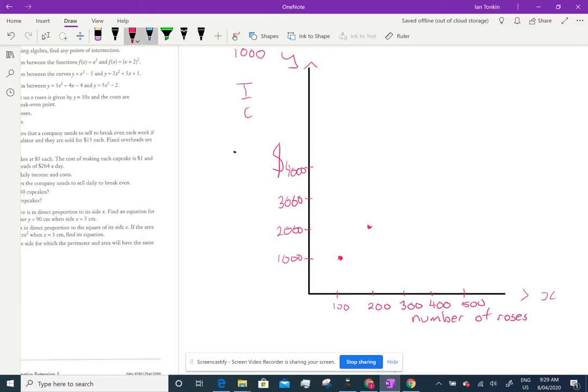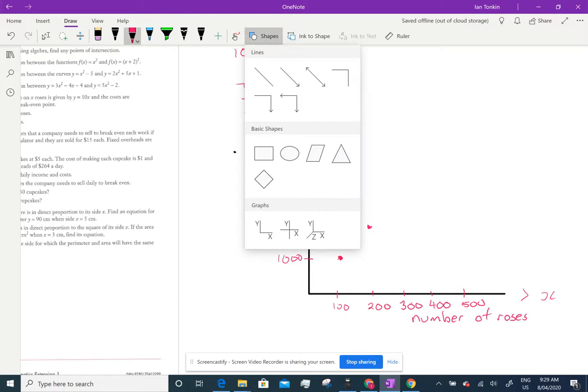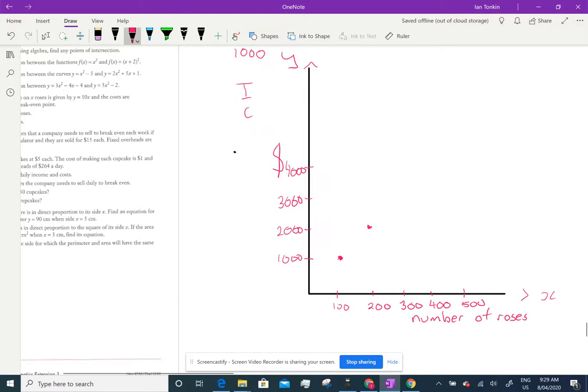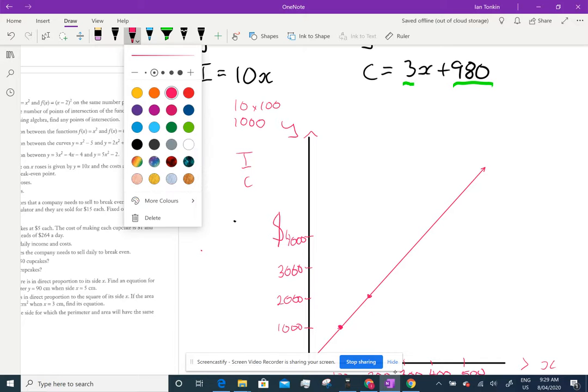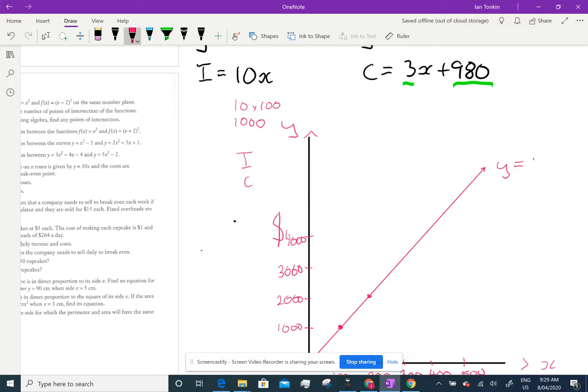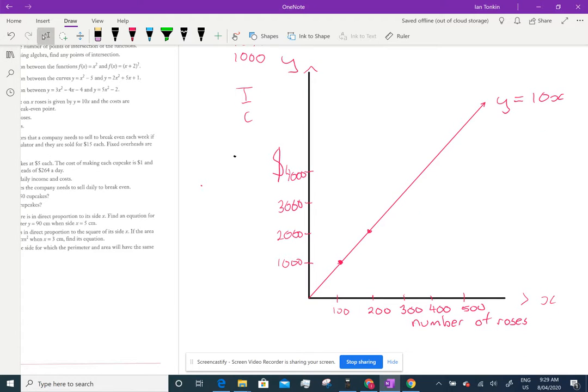So this straight line, and I'm going to keep it in red, it's going up like that. And that is y equals 10x. Remember, I've got a different scale on each axis.